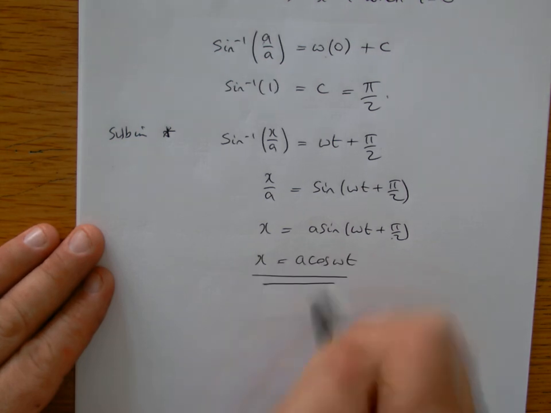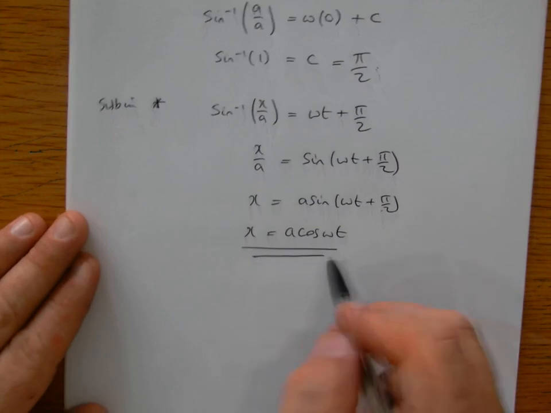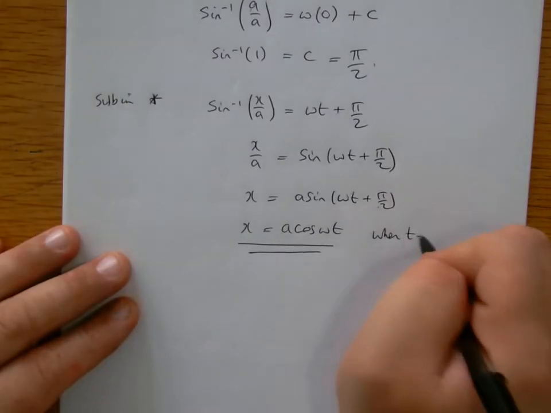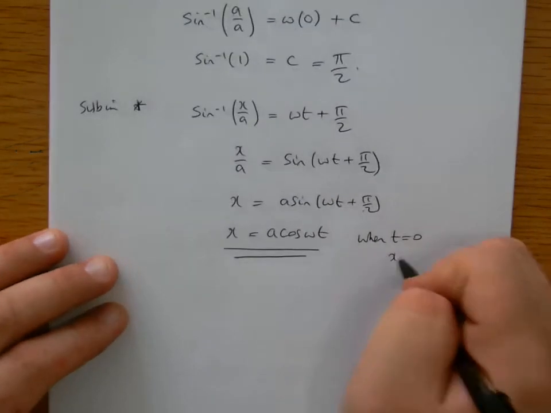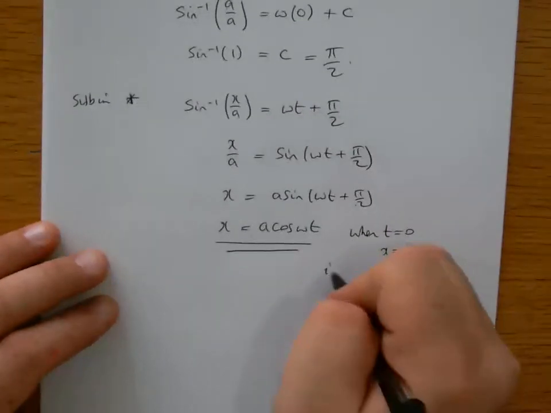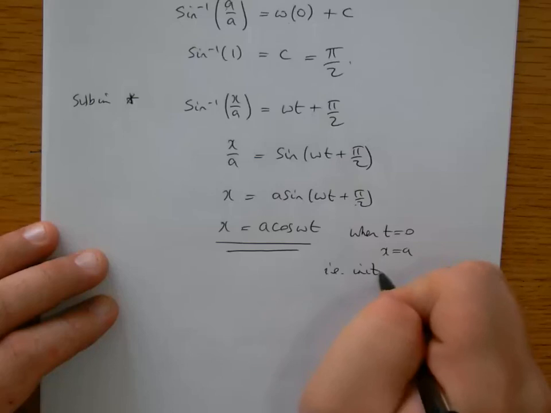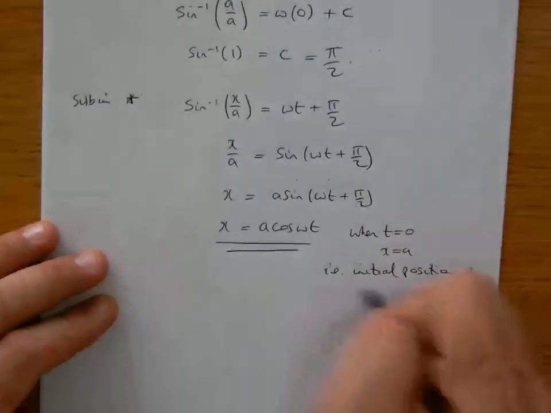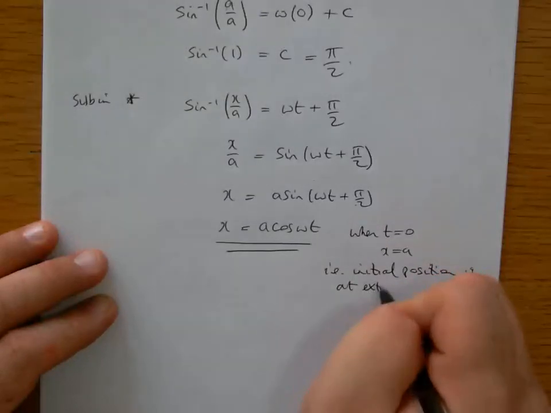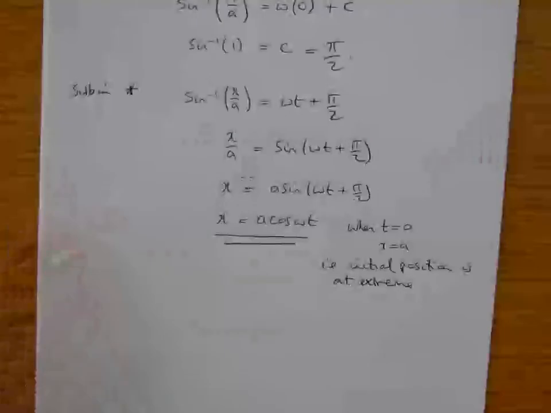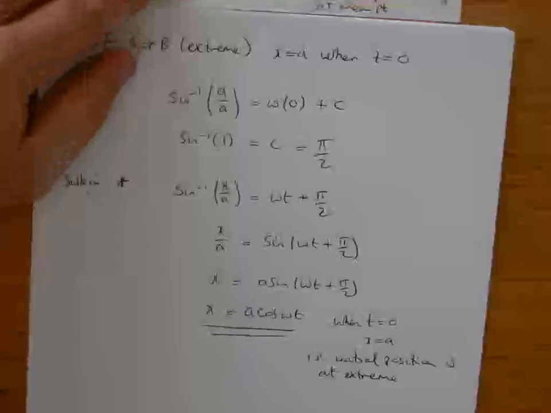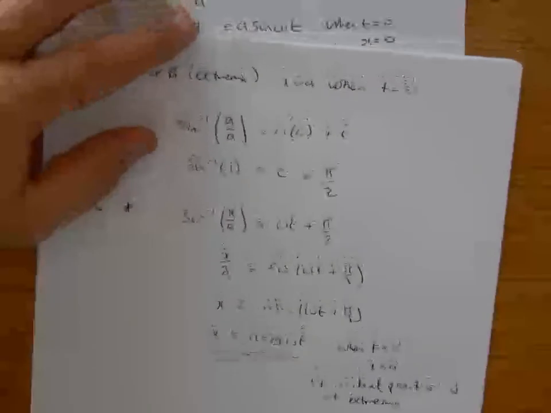So there is the general result: that's the general result for when t equals 0, x is equal to a, in other words, initial position is at the extreme point. So you've got to work out from the question which one you're going to use. Is it this one, or is it going to be the one we saw before? This one here.